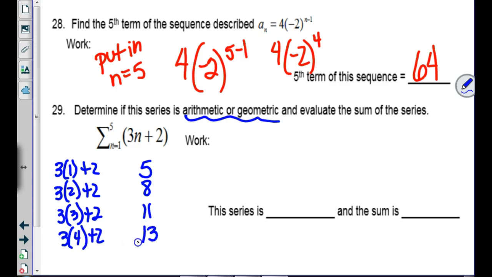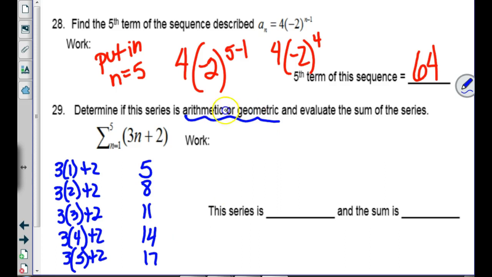Did I do something wrong? 12 plus 2 is 14. Yep. And then 3 times 5 plus 2 is 15 plus 2 is 17. You don't have to do all of them, but if you do enough, you should see that it's what?